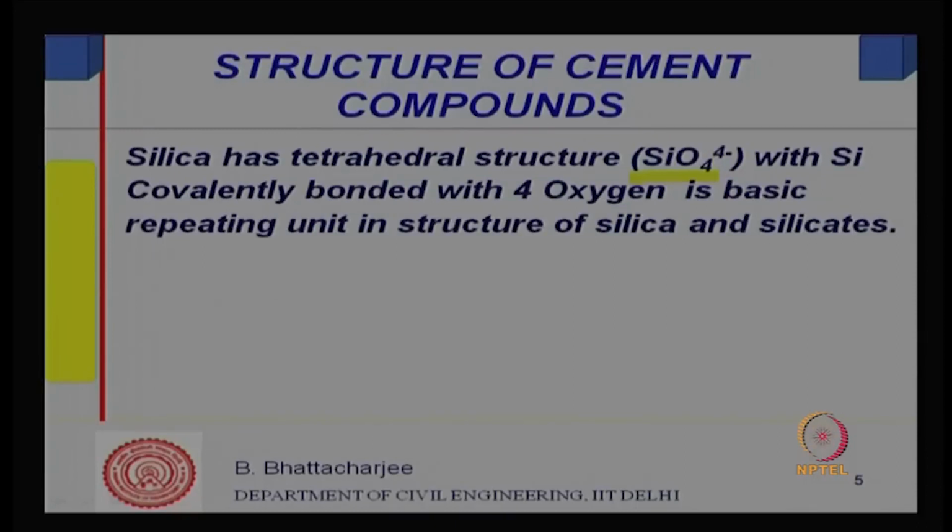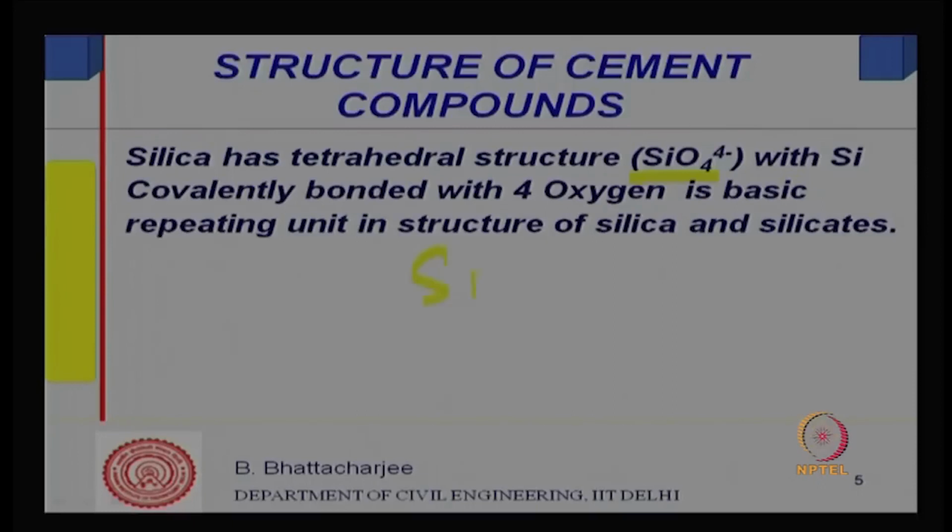So, since it has got 4 electron, those 4 electron can combine with 4 oxygen covalently, and it will be SiO4 4 negative ion.